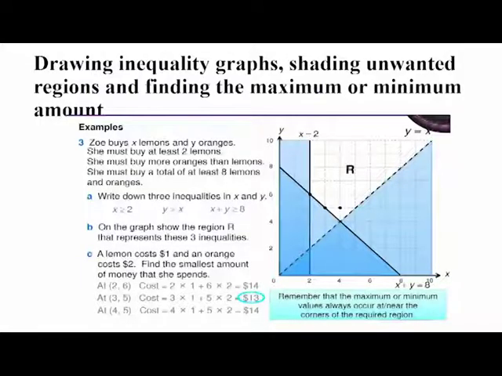So you can pick points that are closest to this point here. The points that are closest are this one, and the one that is in the corner of the lines, so that you can see which one will give you either the minimum or the maximum. I want you to practice on that so that you do not make any mistakes.